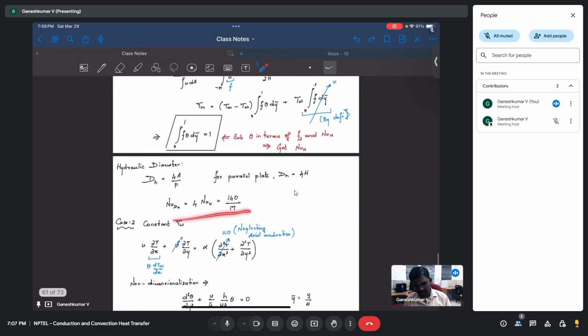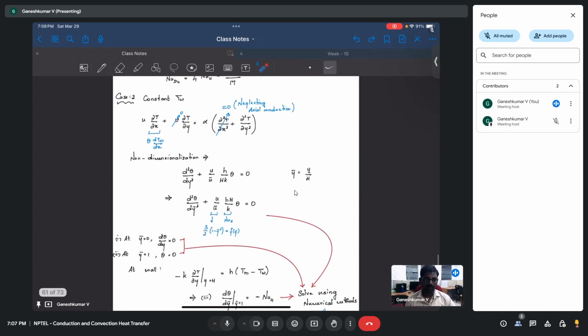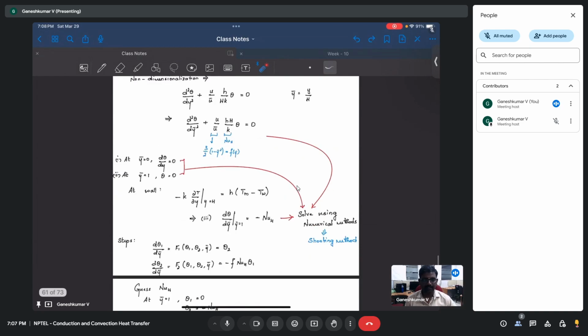Actually, it's not a correlation. We were able to find it as a number, right? However, for constant wall temperature, because of this theta coming into the picture, we were not able to do it analytically. Instead, we did it using numerical methods.